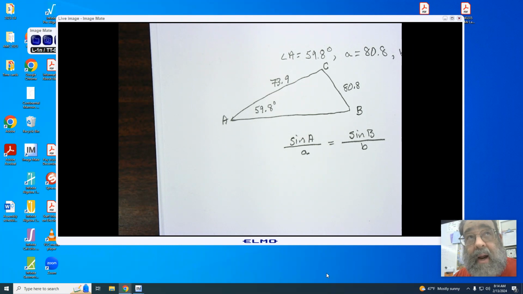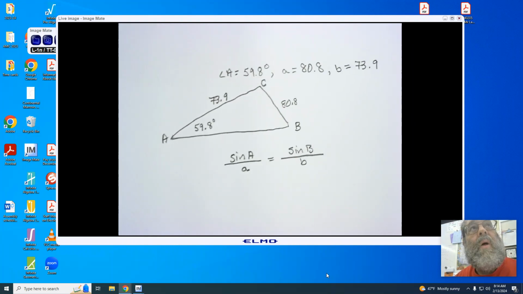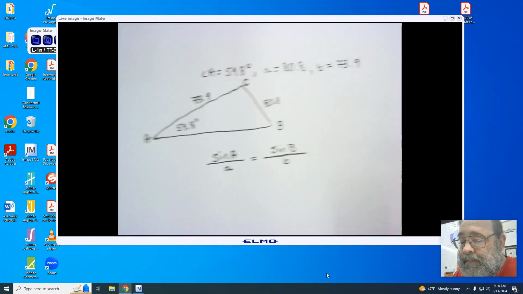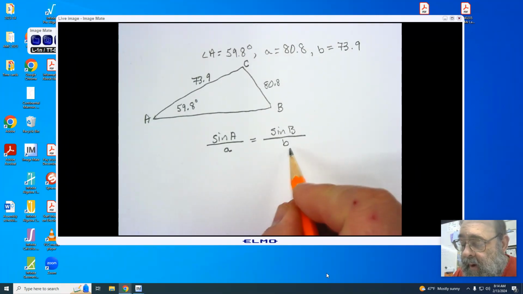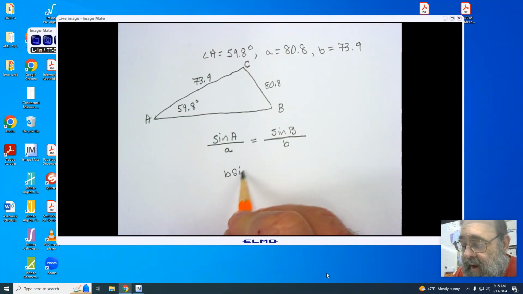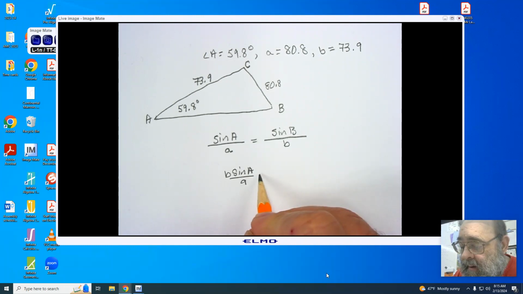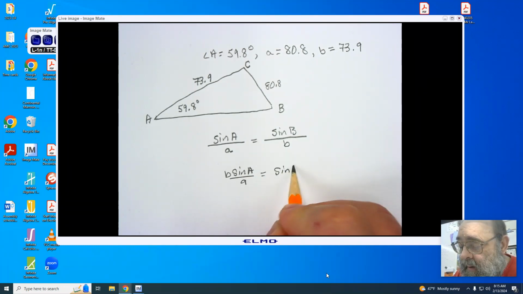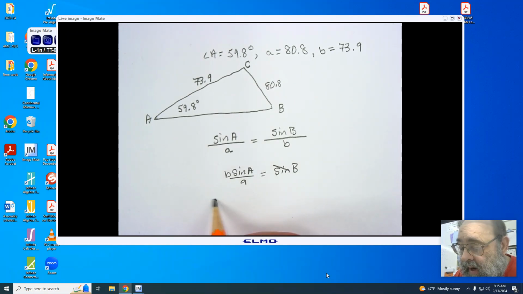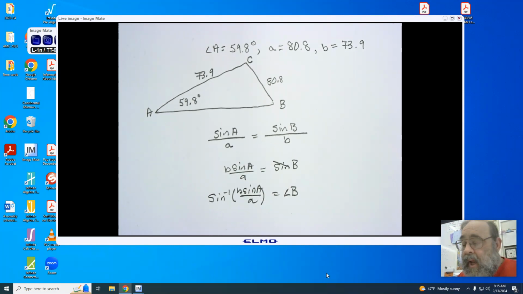So that means I'm going to be working with B sine of angle A divided by A equals the sine of B. We're then going to take the arc sine to move sine over, so that we have the arc sine of B sine angle A divided by A equals angle B. This is how we're going to solve this, and we're going to use our calculator exactly as it's shown.